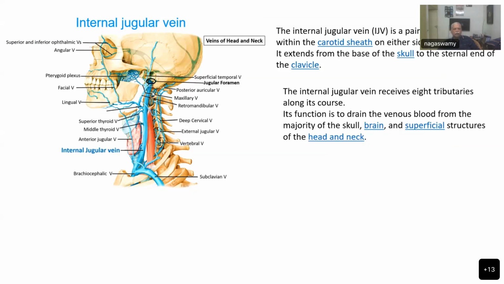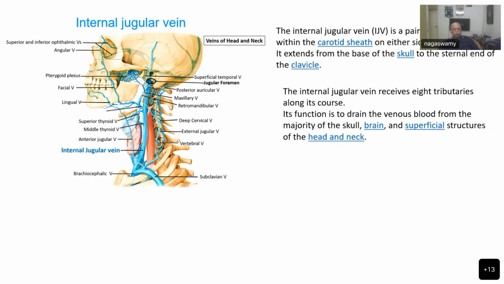But the relationship with the artery, the main artery coursing along with the internal jugular vein: when it comes out of the jugular foramen, it is accompanied by the internal carotid artery, because the common carotid has already branched out into internal and external carotids.